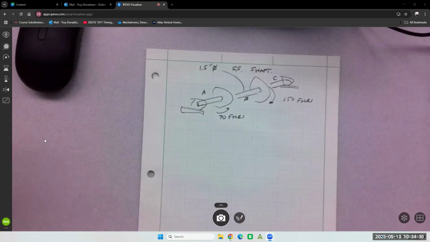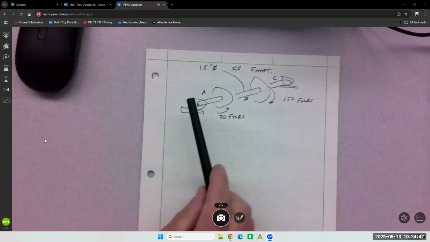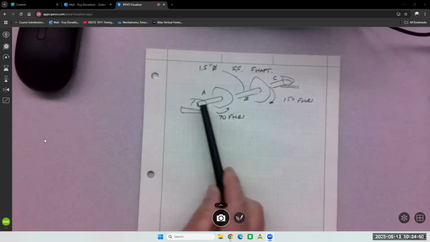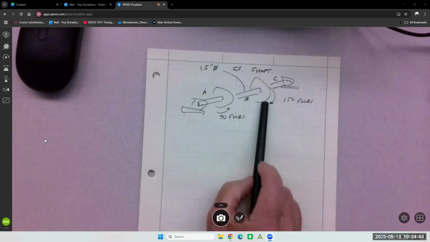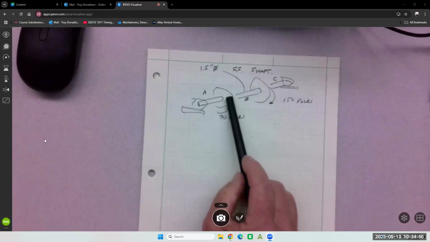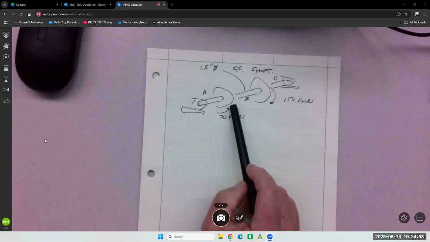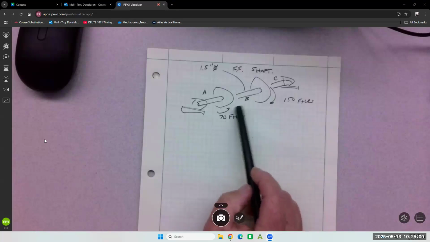So that last shaft we did, we'll calculate the deflection on it in a second. But if this is free to spin in this bearing, and it's free to spin in this bearing, I got 150 going clockwise, and I have 70 going counterclockwise, right? Those directions are different.